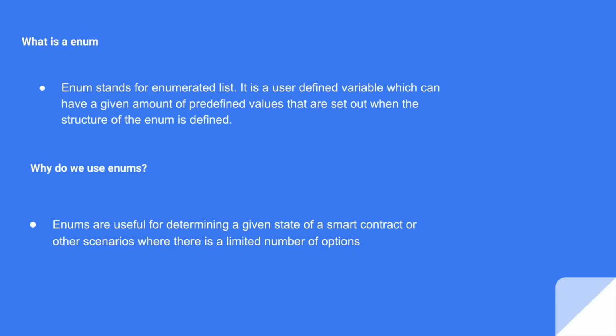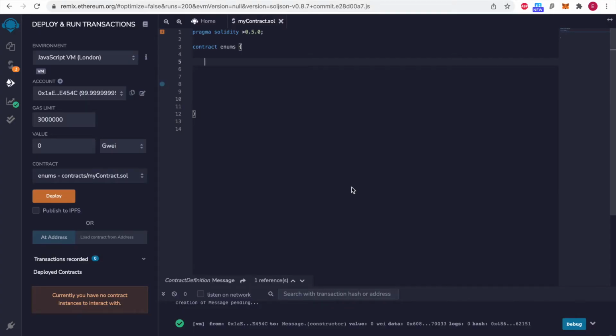All right, now that we're actually in our Remix IDE, we're going to jump in and see enums in action. For those who don't know, Remix is a free online IDE which allows you to get some of your blockchain ideas down before you actually transition to another development environment, such as something more conventional like Visual Studio.